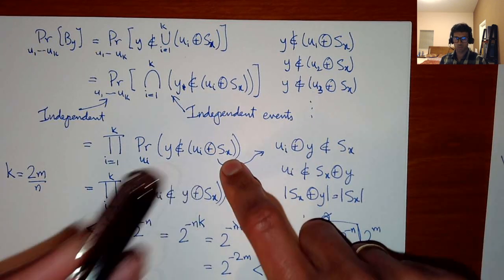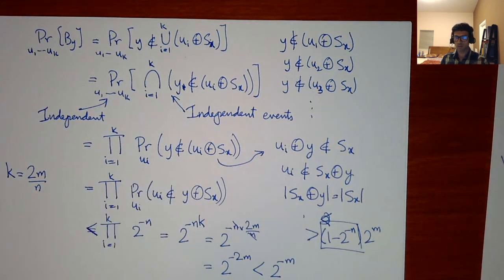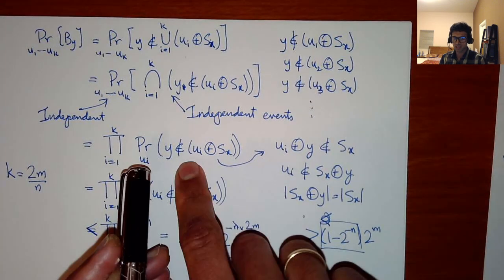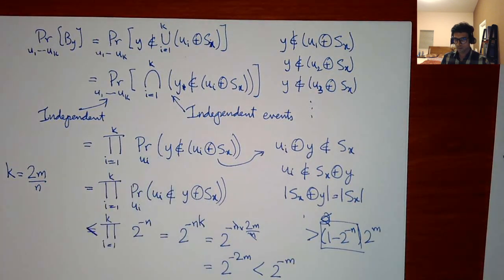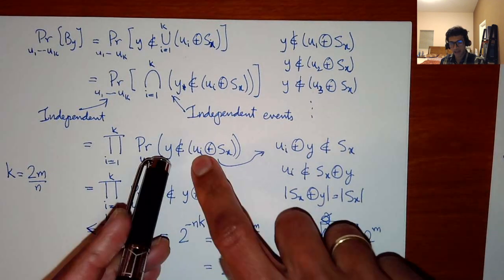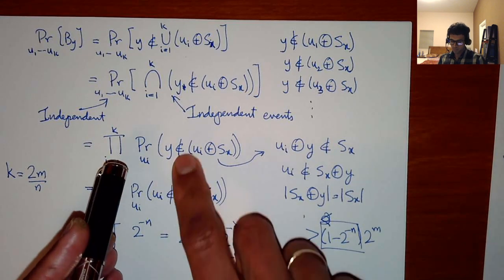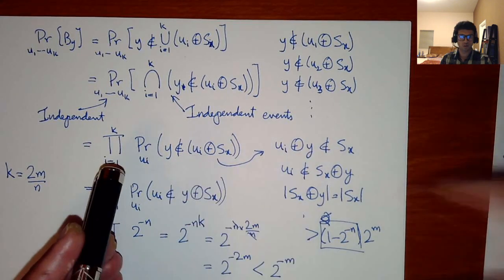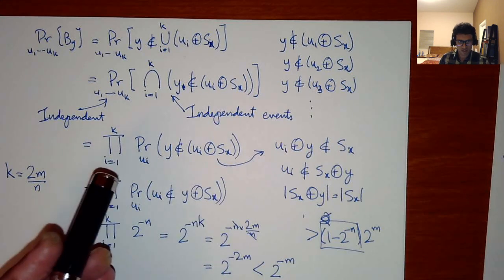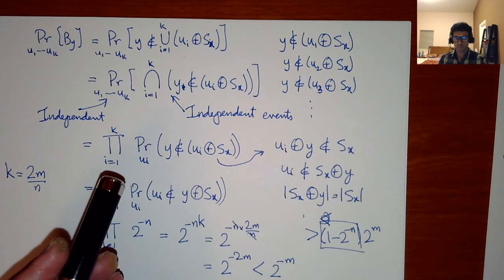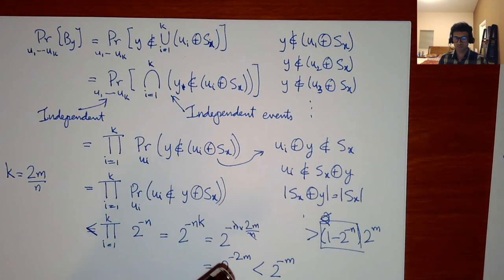It's just saying that the XOR of something with itself cancels. So if you're looking at y being in the shift of x, you could imagine shifting everything by u_i. So take u_i XOR y is not contained in u_i XOR S_x, but u_i XOR u_i is just zero. So I'm using the fact that a string XORed with itself is all zeros.